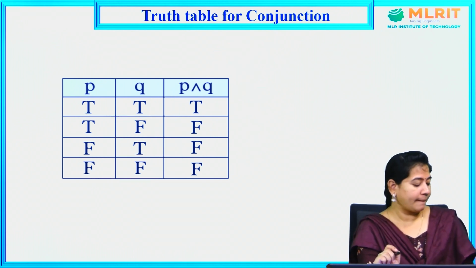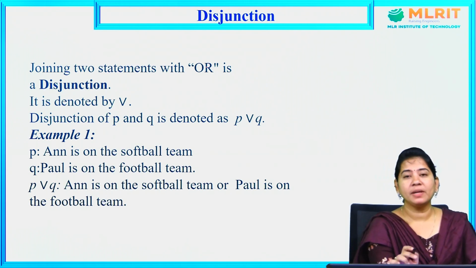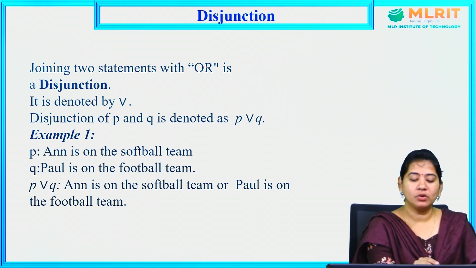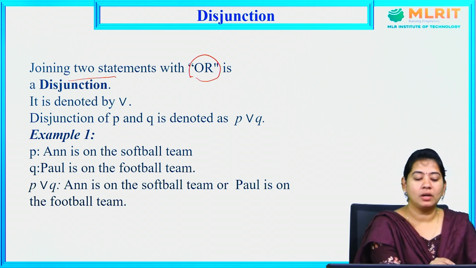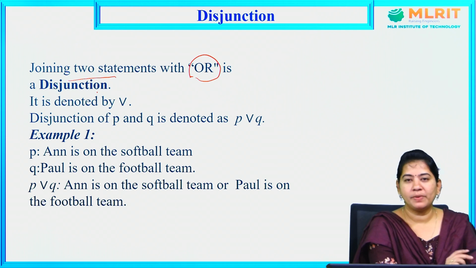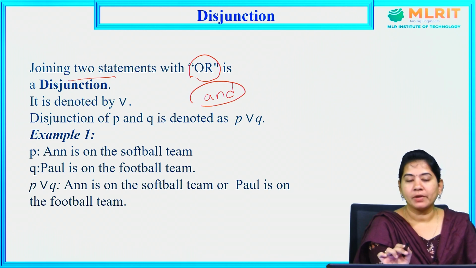Next, we have disjunction. So what is meant by disjunction? Joining the two statements with or is called a disjunction. Previously in the conjunction, we joined the two statements and we used the word and. We combined the two statements with the connective and.